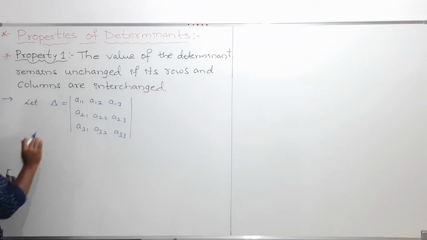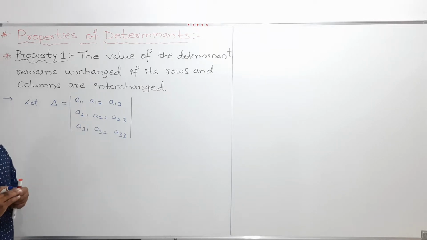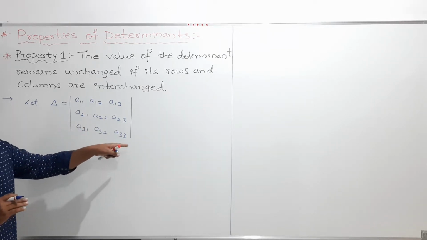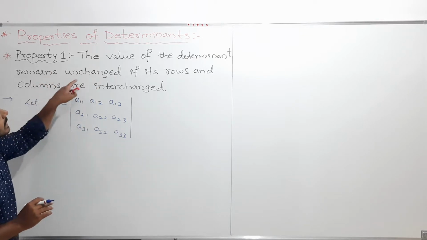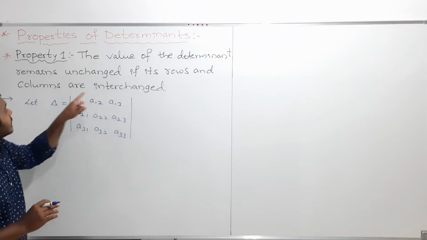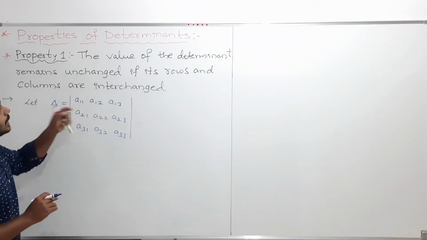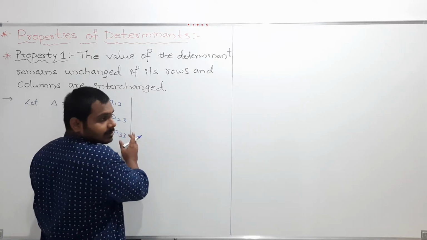So I consider one determinant of the order 3 cross 3. And the value of the determinant remains unchanged if its rows and columns are interchanged. So this is the one determinant I have.